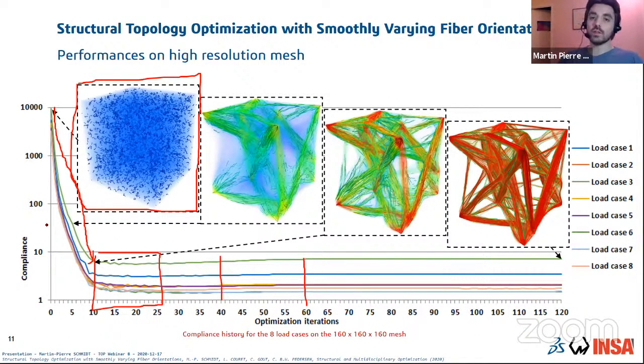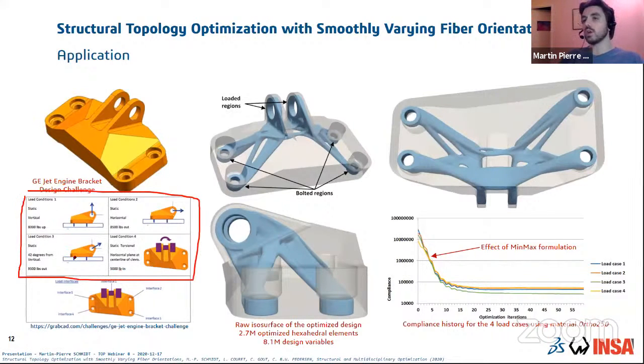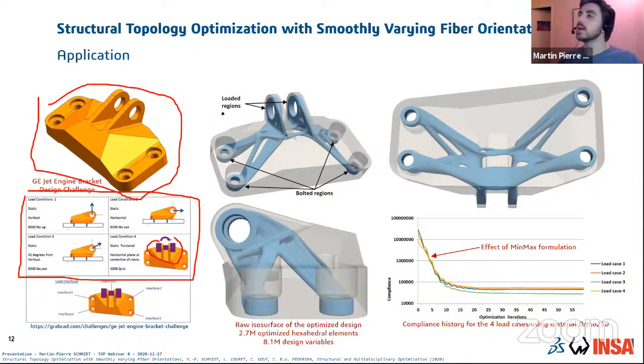Now we look at another scenario, which is the GE jet engine design bracket. It is a scenario with 4 distinct load cases. We have 3 static loads and 1 torsional load here, and the design space is restricted to work inside this orange part right there.